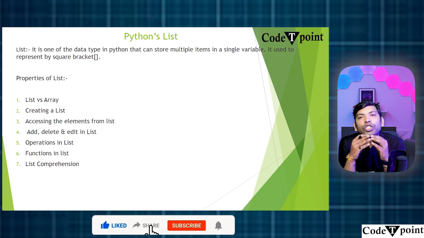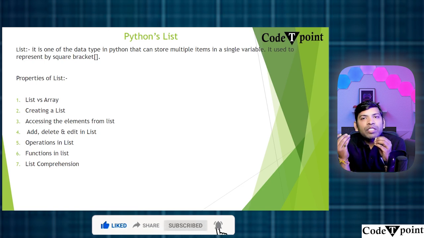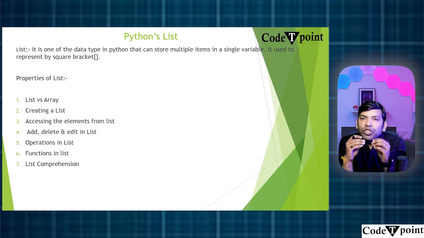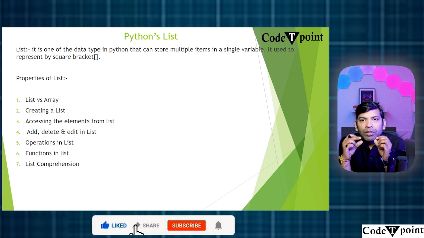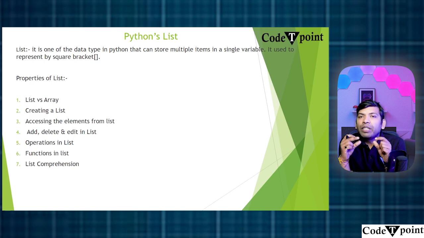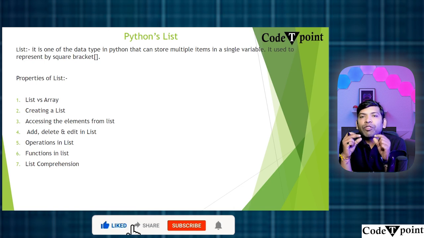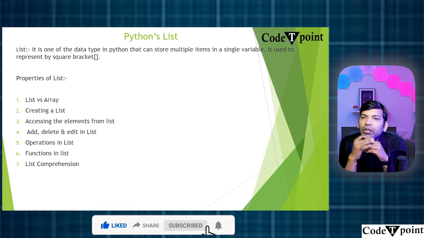To answer this question, we can say that list is one of the data types in Python which can store multiple elements and it can be represented in the form of square brackets. So this is called list in Python.